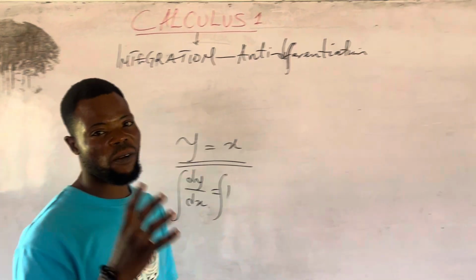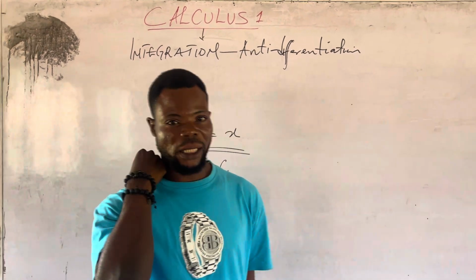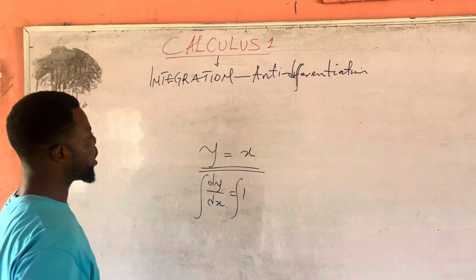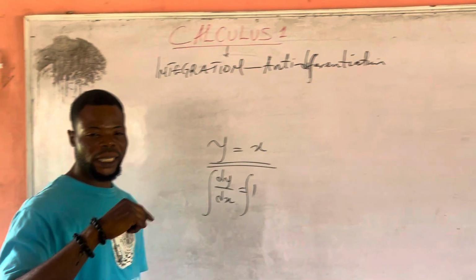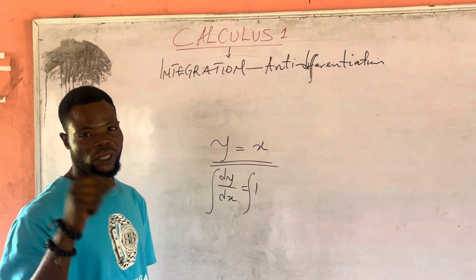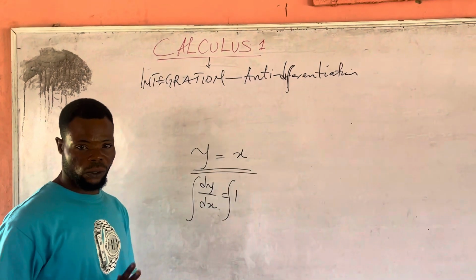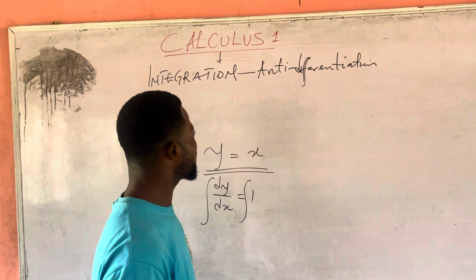Just as if we have a virus and want to remove it, what do we take? We take the antivirus to remove that virus. Likewise, when we differentiate, to reverse that differentiation and get the original function we differentiated, we need to what? Integrate. That is what you refer to as what? Integration.